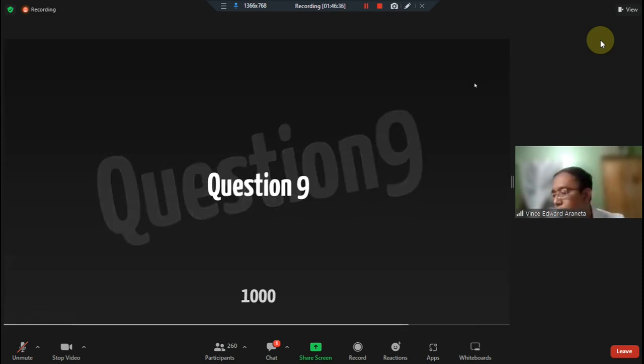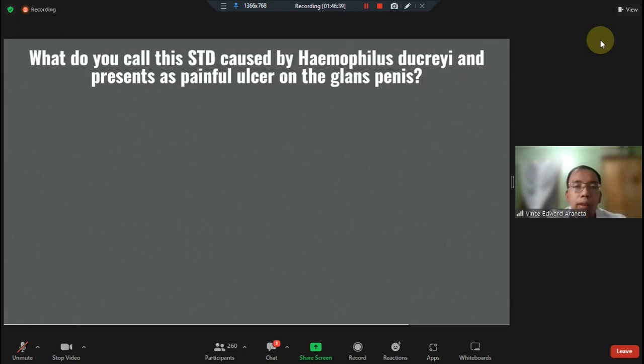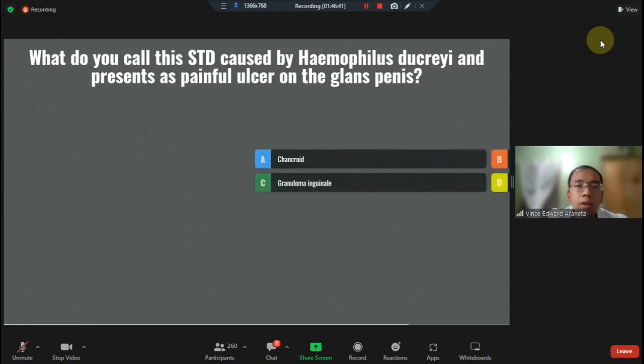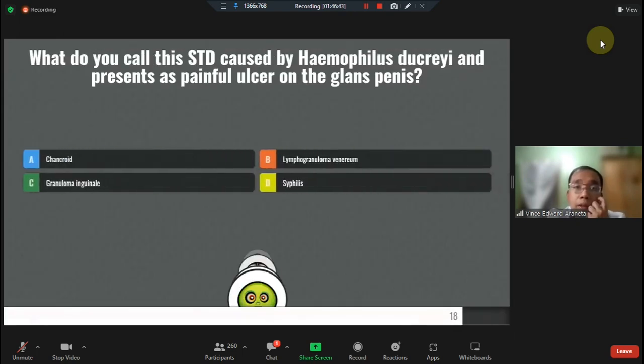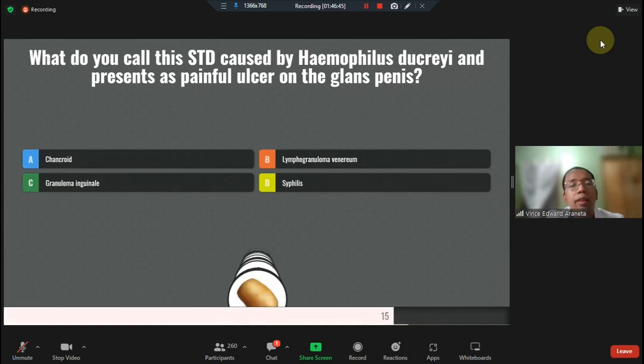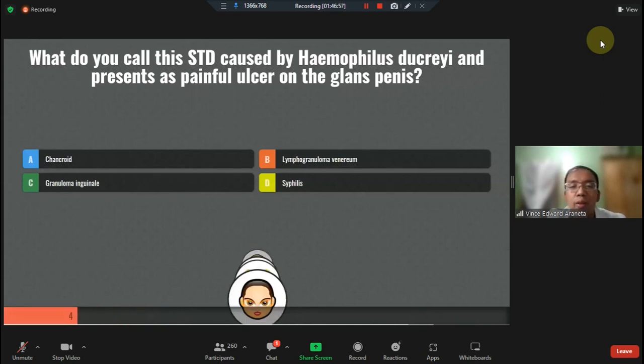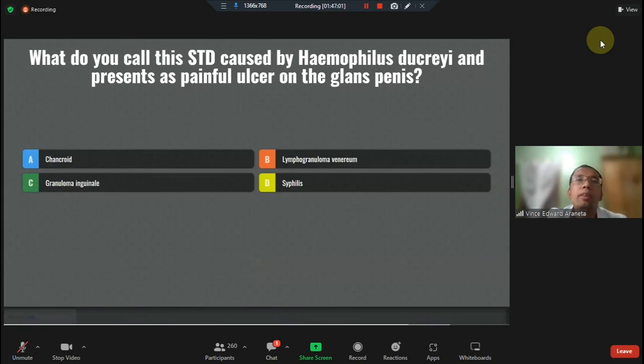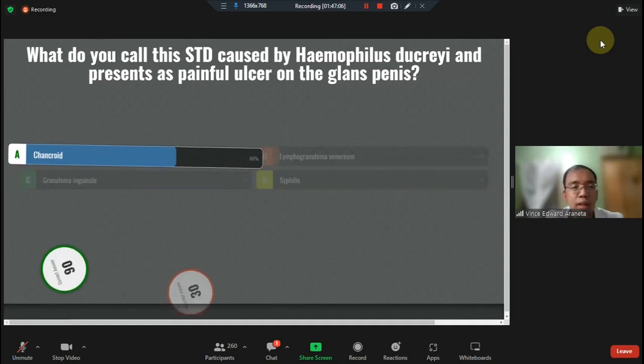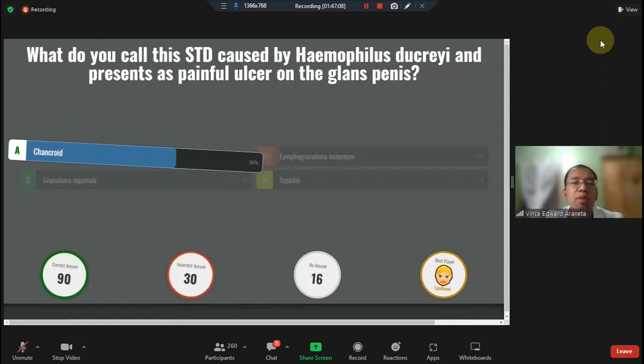Question 9. What do you call this STD caused by Haemophilus ducreyi and presence of a painful ulcer in the glans penis? I think Dr. is fond of giving tips on remembering this key term and associating it with the disease. He's very much an expert on explaining this, and I learned a lot from these key terms.